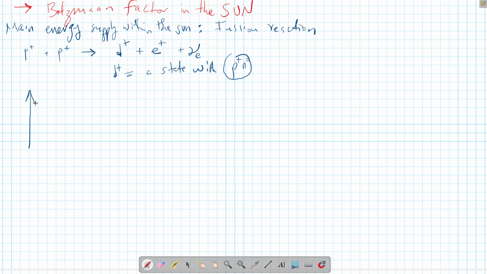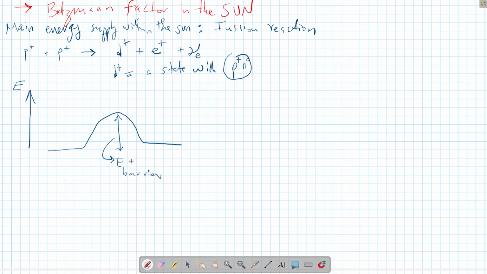What I've just said, one may consider schematically to be something like this. If I have an axis for energy, I'm going to represent the barrier for this reaction to happen as a hill. The height of this hill is the energy barrier.